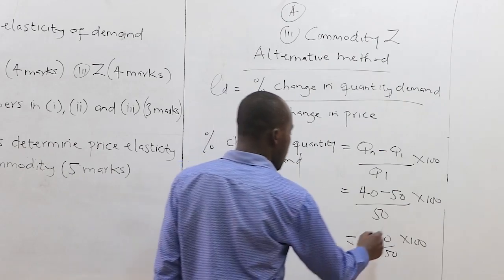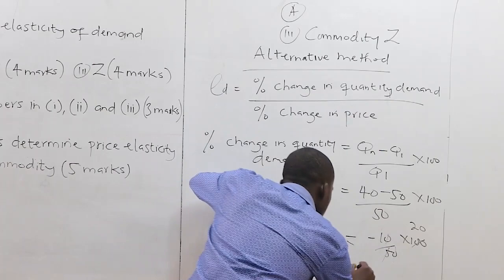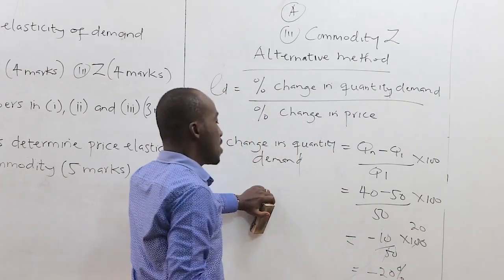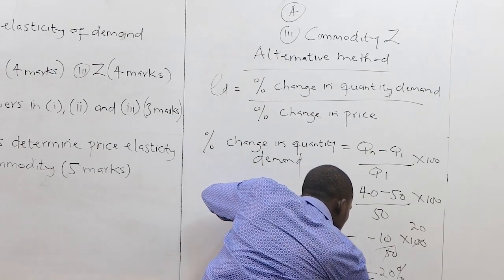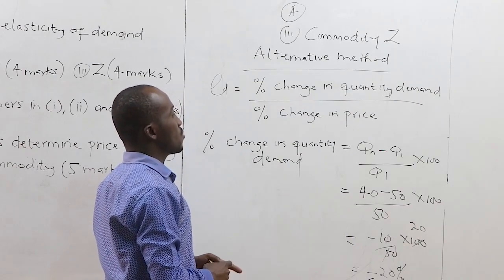So if you do it, you're going to get negative 20%, right? And this will give you 1 mark, right?